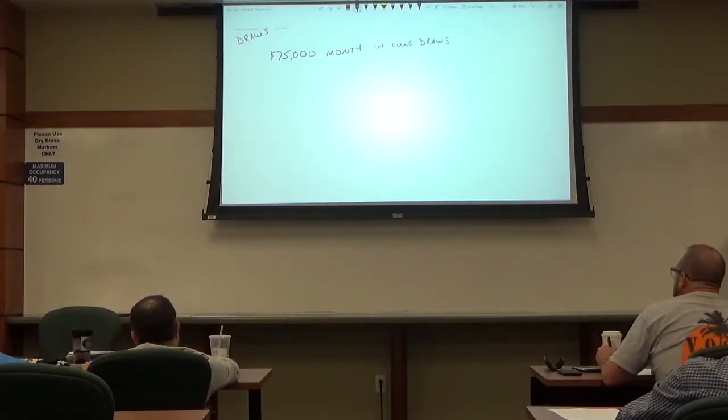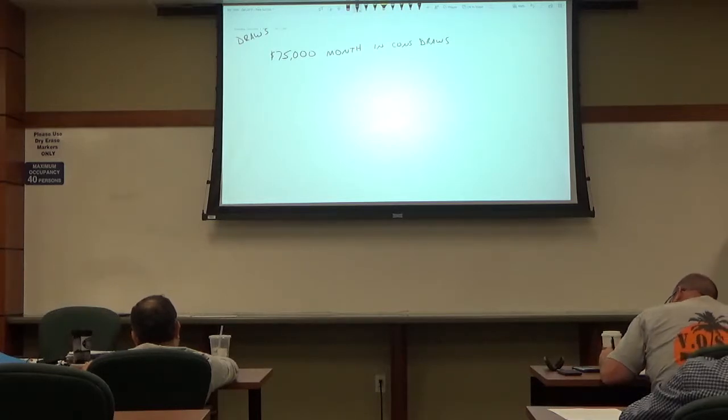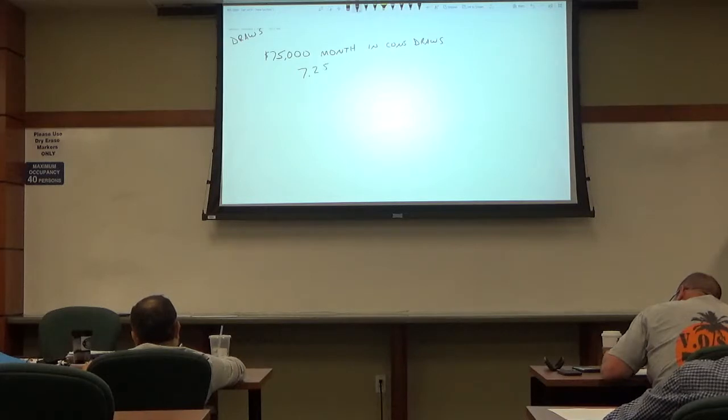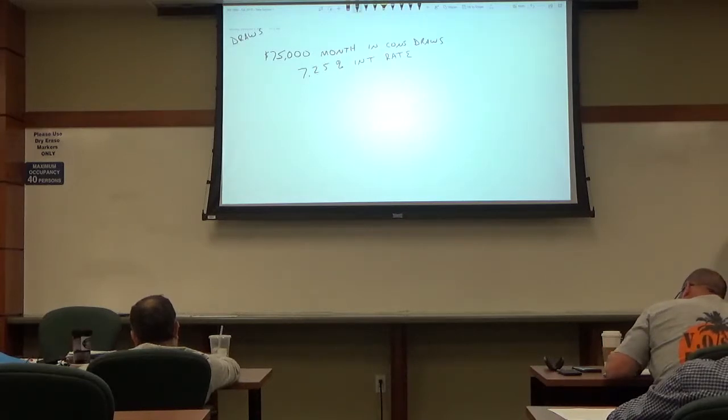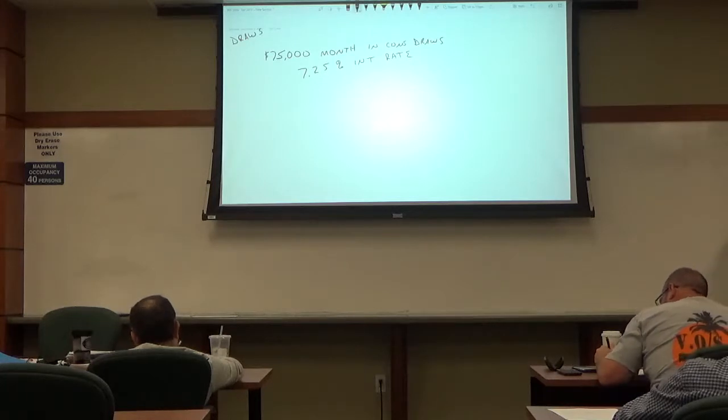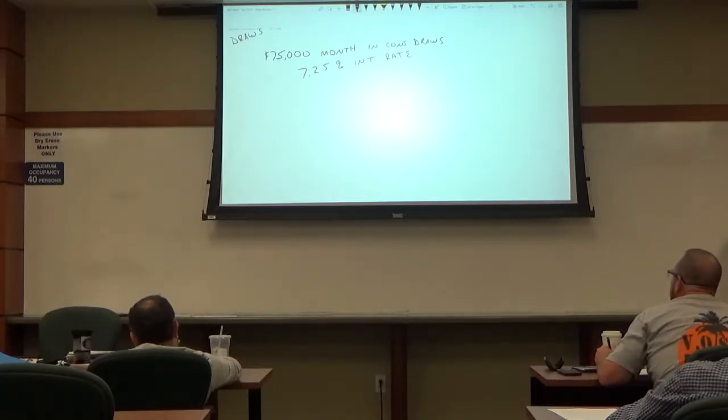Okay, what do you want your interest rate to be? 7.25%. And how many months do you want the construction period to be? 12 months, okay?